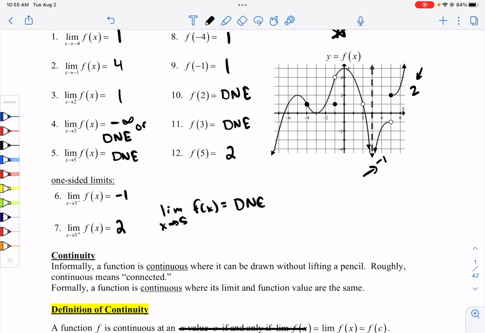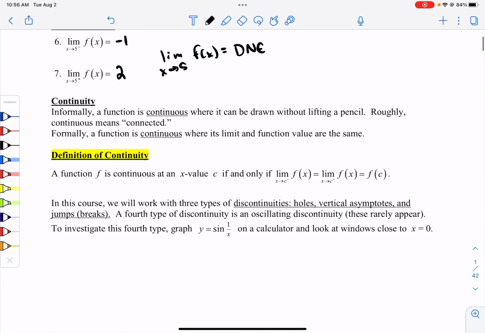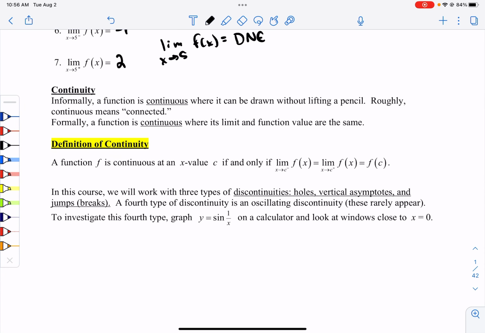All right? Okay, let's move on to continuity, something that maybe sounds a little bit more familiar. So continuity, you've heard the word continuous a lot in some of your previous classes. Again, informally, a function is continuous where it can be drawn without lifting a pencil.